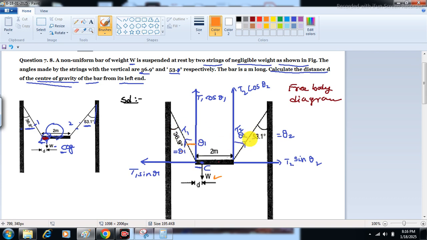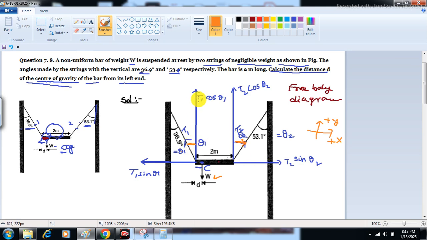The tension in the right string makes 53.1 degrees with the vertical, take it as theta 2, and as per geometry this is equal to theta 2. So the tension has two components. Take this as positive y and this as positive x. Resolving into two components, along y and along x.